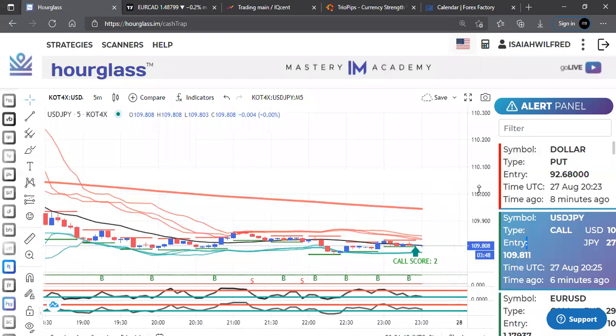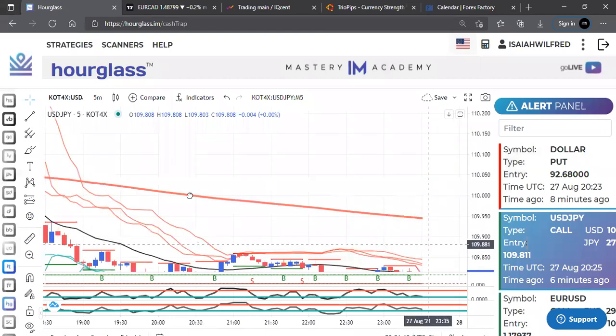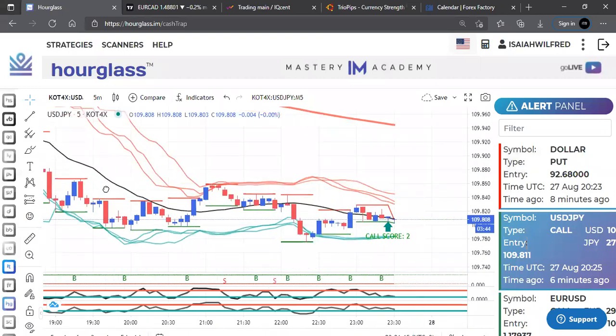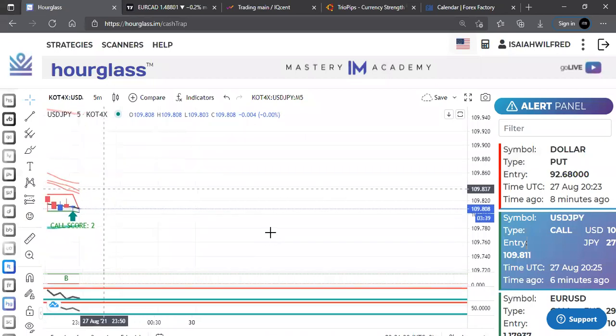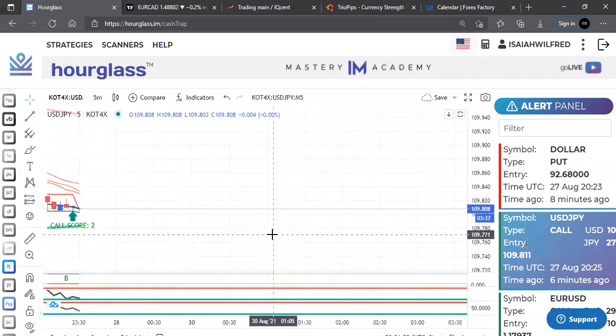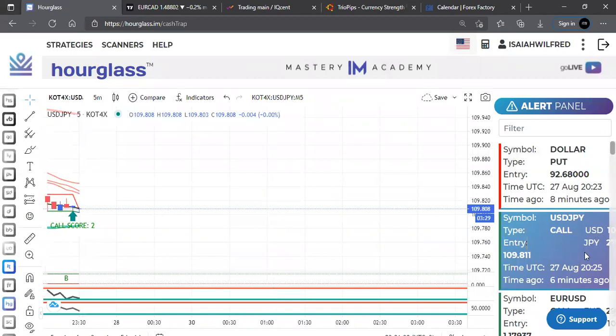Now let me write on the screen. Look at the currency strength here. USD, JPY. USD strength is 10. JPY strength is 27.